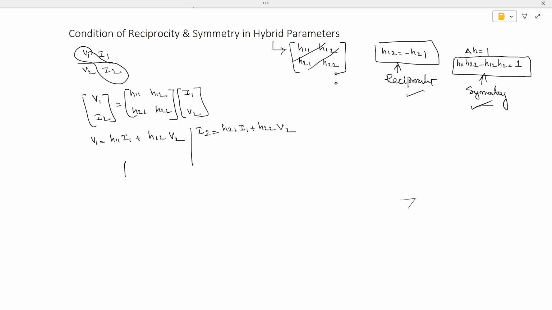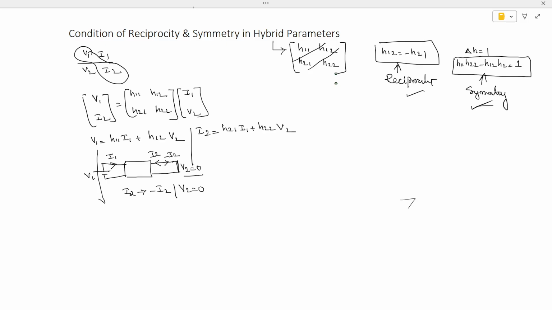Let us take a two-port network and excite the input port with a voltage of V1. The two-port network draws a current of I1. At the output port, the current will flow in this direction and we need to make the current flow in the opposite direction. That's why we write it as minus I2. For the current to flow, I need to perform a short circuit. Short circuiting means V2 is equal to 0.